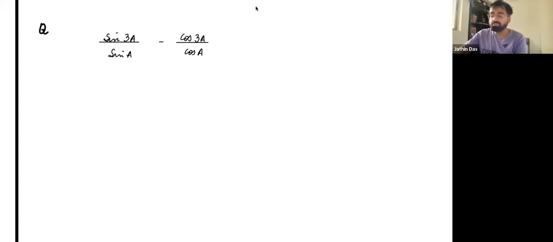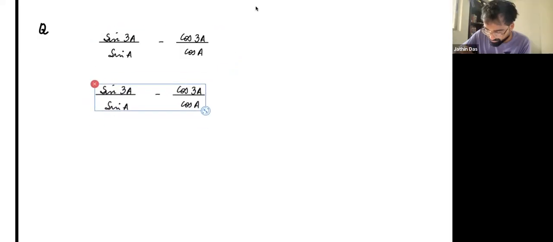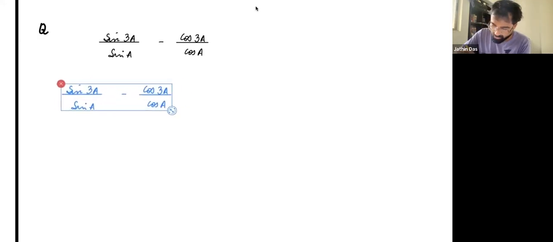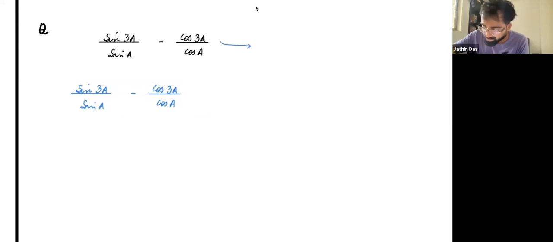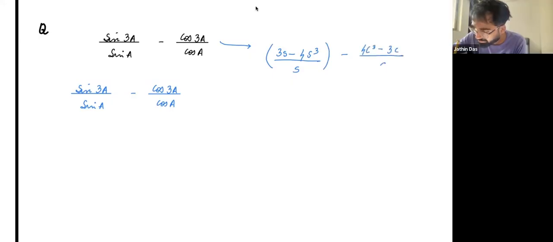What did you do? You expanded that sine 3, cos 3, and then took sine common like that. That also you can do. Okay, so you expanded it. So (3 sine minus 4 sine cube) by sine, minus (4 cos cube minus 3 cos) by cos.